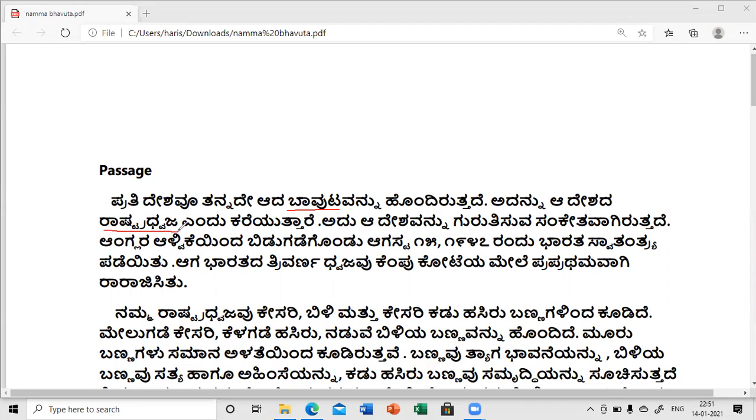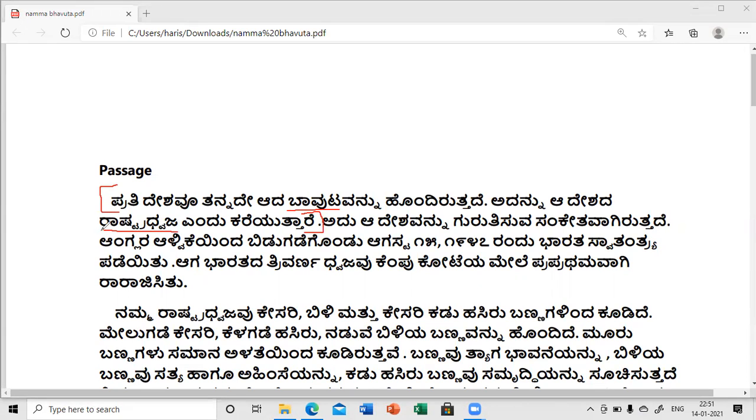You would have to read only that one or two sentences where these words are given. You don't have to read the whole paragraph. Just this one sentence would help you identify the answer. ಪ್ರತಿ ದೇಶವು ತನ್ನದೇ ಆದ ಬಾವುಟವನ್ನು ಹೊಂದಿರುತ್ತದೆ. ಅದನ್ನು ಆ ದೇಶದ ರಾಷ್ಟ್ರಧ್ವಜ ಎಂದು ಕರೆಯುತ್ತಾರೆ.